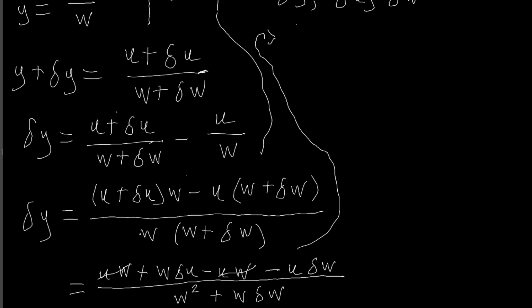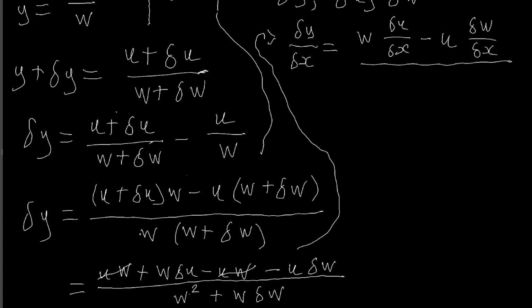So delta y divided by delta x is going to be equal to w times delta u divided by delta x, subtracted by u multiplied by delta w divided by delta x, and then all of this will be divided by w squared plus w times delta w once again.